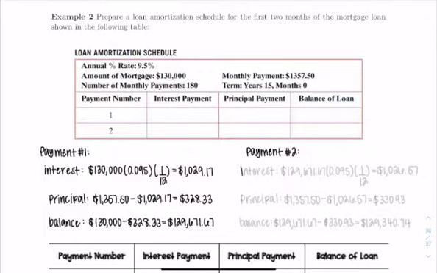So starting with the interest, it's going to work really similar to what we just did, except the starting balance is now $129,671.67, and we're still going to multiply by our interest rate and by 1/12, because now I'm looking again at one month. And so we end up getting $1,026.57.